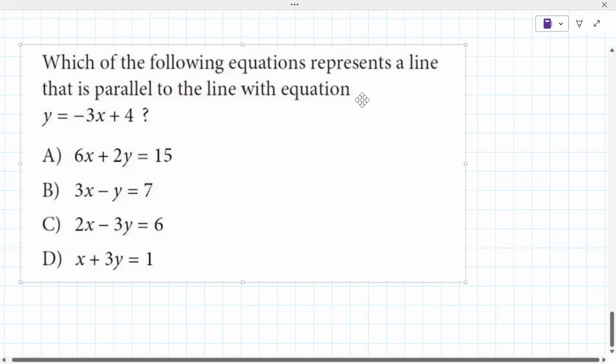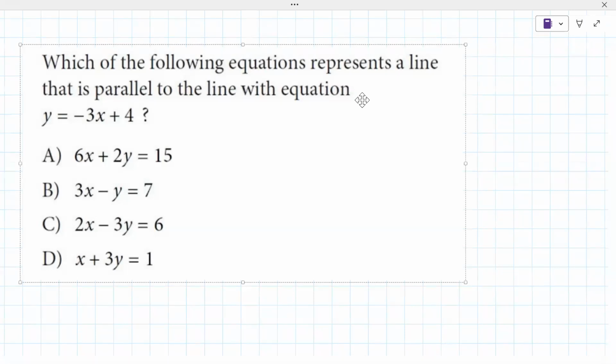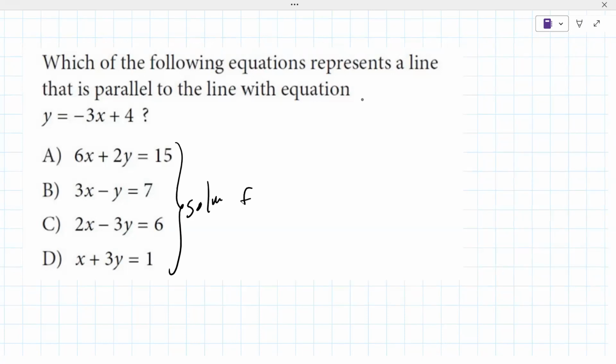So let's put another question in front of you. For this one, do you try and get y by itself and then make them equal to each other? They have to have the same slope. So yeah, your shortcut here is to solve for y in each of these. Okay.